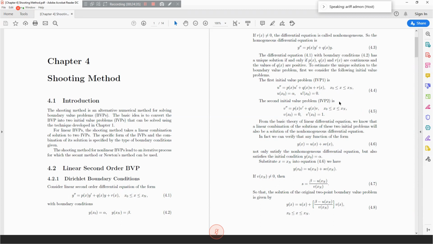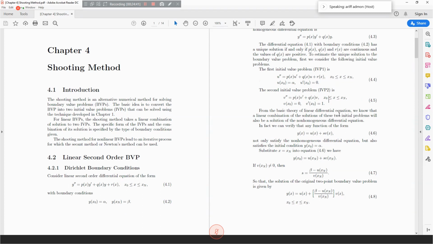So now we are using that solution from u and v. If you still remember linear combination, from both solutions we are having the solution for our boundary value problem here.